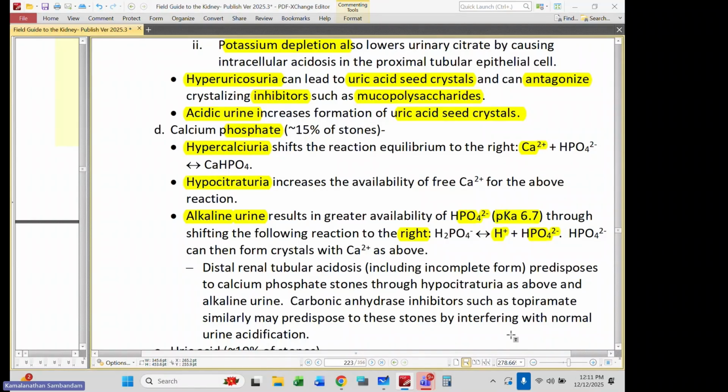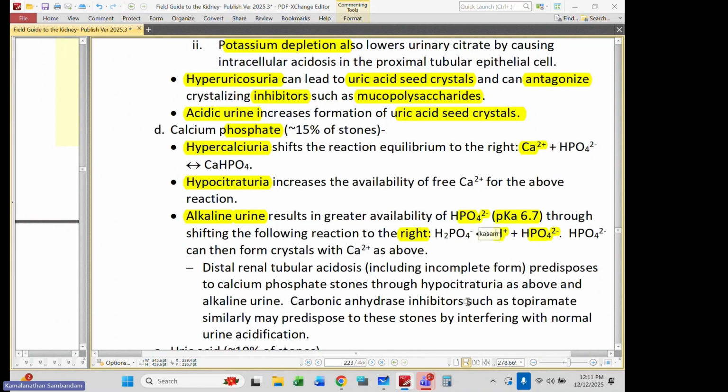Okay. A word about pKa. It will come up in your acid-base lectures. pKa refers to the propensity of a solute to dissociate into a free proton and its conjugate base. At the pKa, we have equal amounts of the protonated and ionized forms of the solute in question, okay?